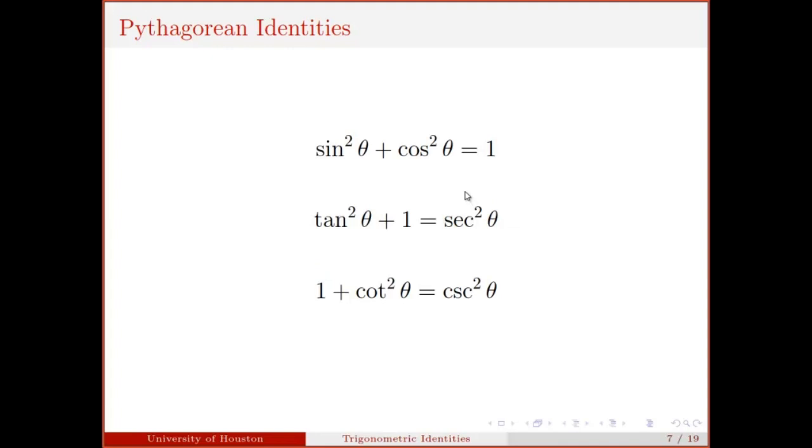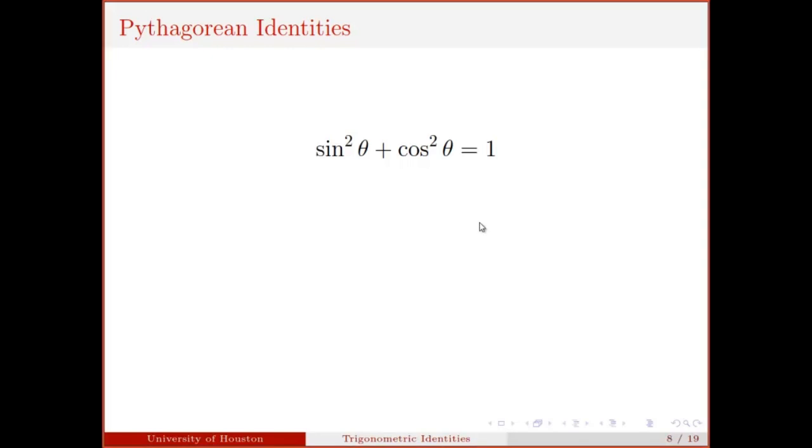In summary, we have the following three Pythagorean identities. Sine squared theta plus cosine squared theta equals 1. Tangent squared theta plus 1 equals secant squared theta. And 1 plus cotangent squared theta equals cosecant squared theta. These identities are useful for expressing one trigonometric expression in terms of another.